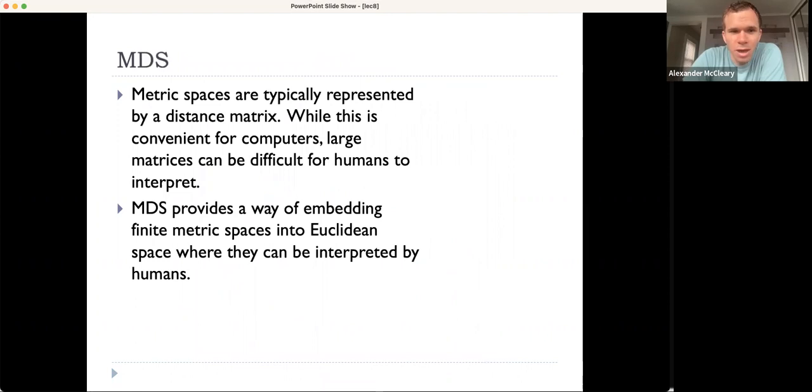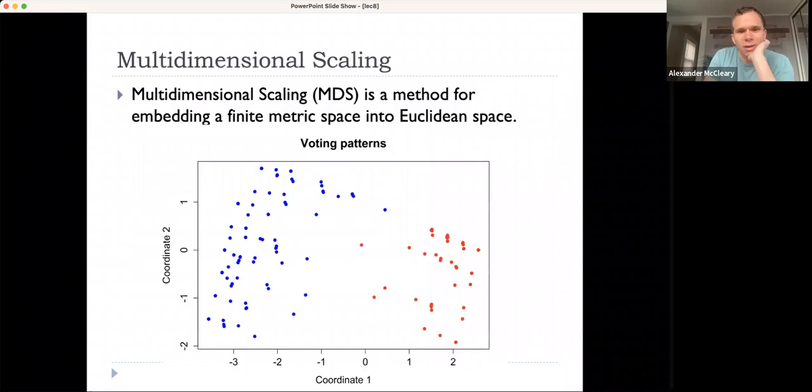What MDS does is it's a method for taking any finite metric space and embedding it in Euclidean space. So here, we have this voting pattern metric space embedded into two-dimensional space. So now we can actually see what's going on here, right?